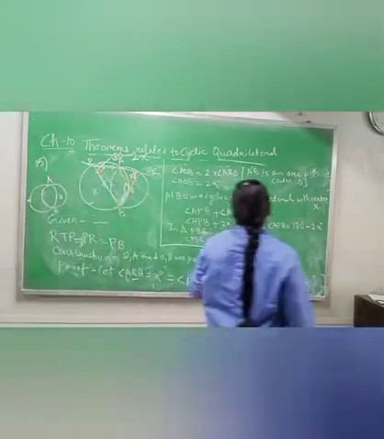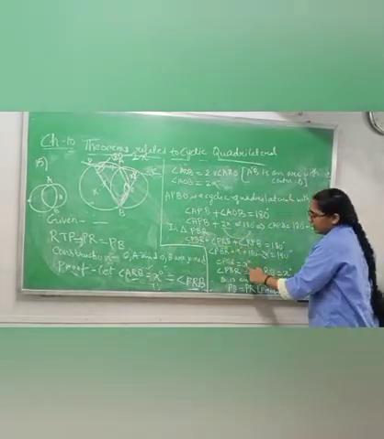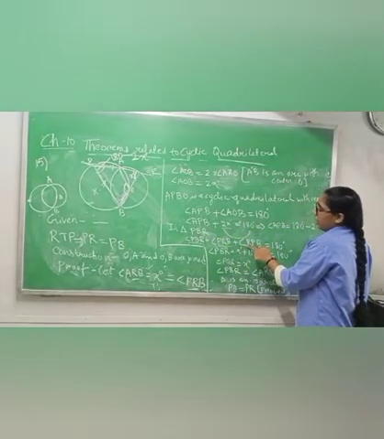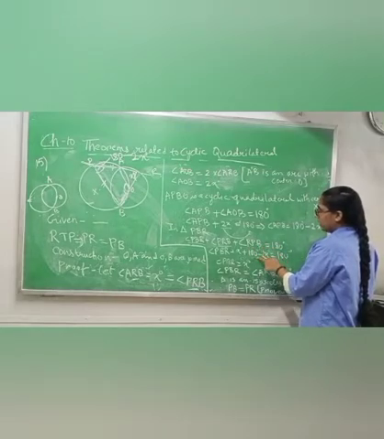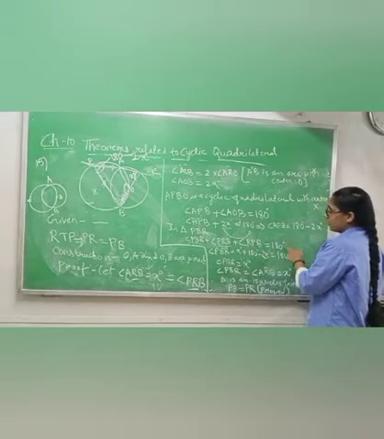That is why in place of PRB I am writing x degrees, and RPB we got 180 degrees minus 2x degrees.